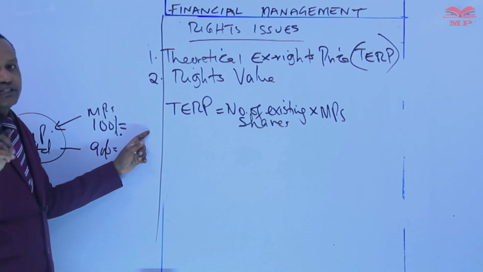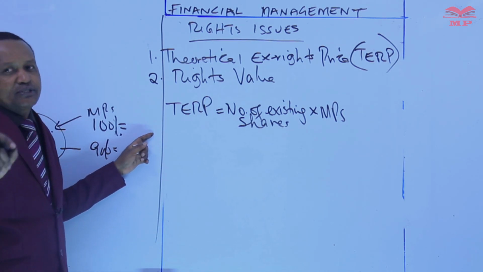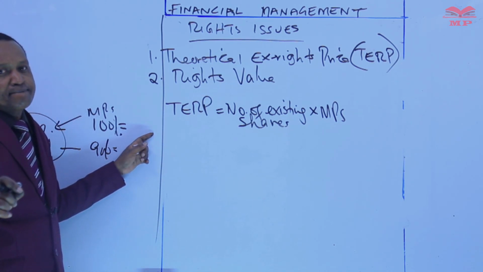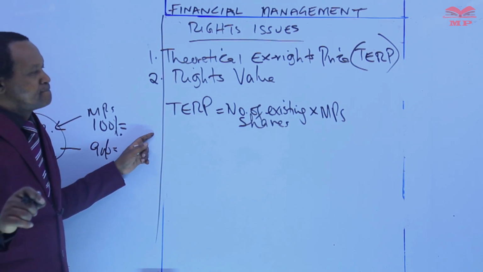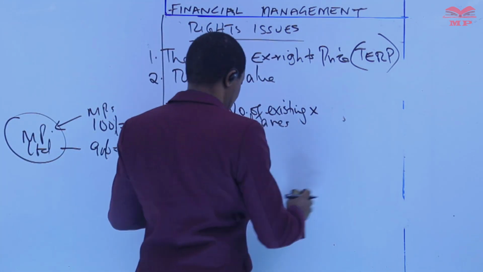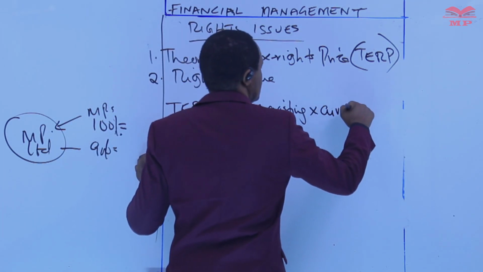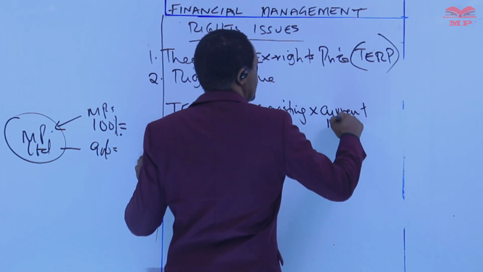That's one aspect, the current market price per share. Let me be specific: current MPS.